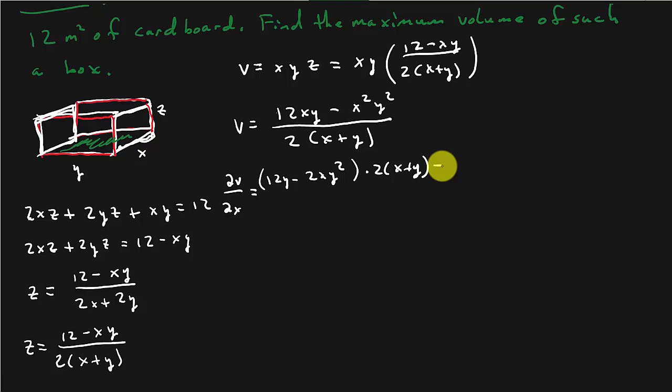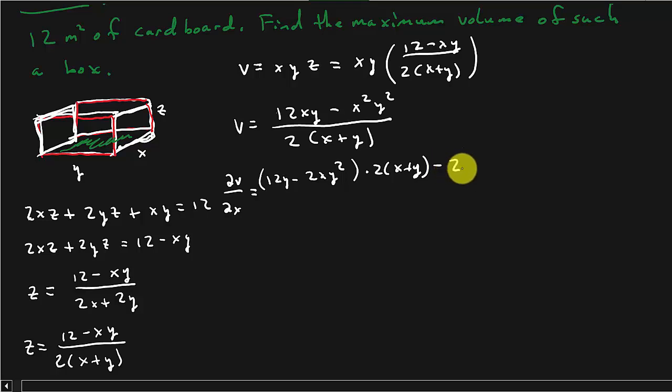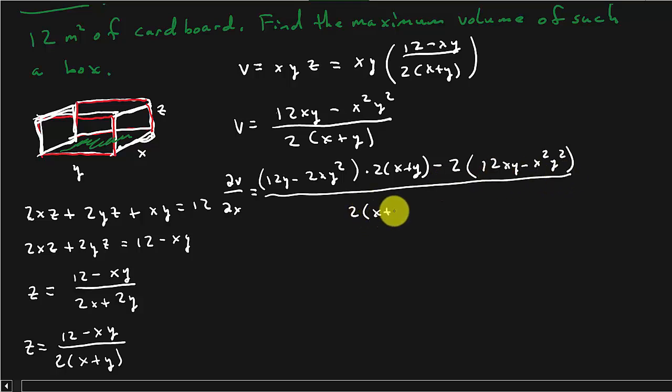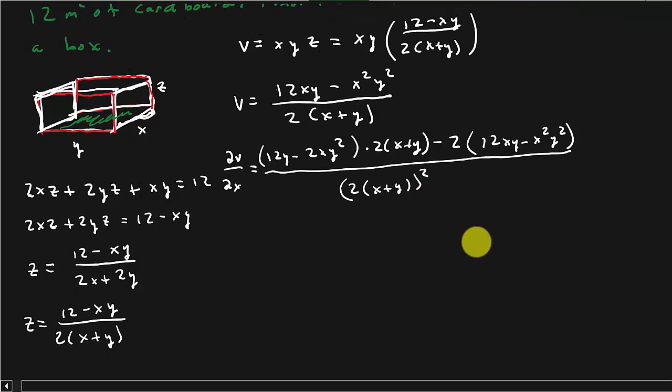What's the derivative of the denominator? Well, that's just 2. If I wrote this as 2x plus 2y and took the derivative with respect to x, that would just be 2. And then that's times the numerator, 12xy minus x squared y squared, and this is all over the denominator squared.